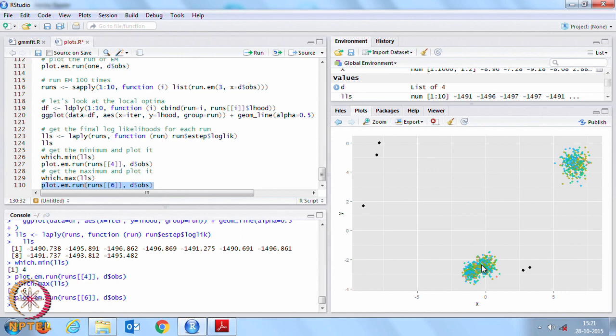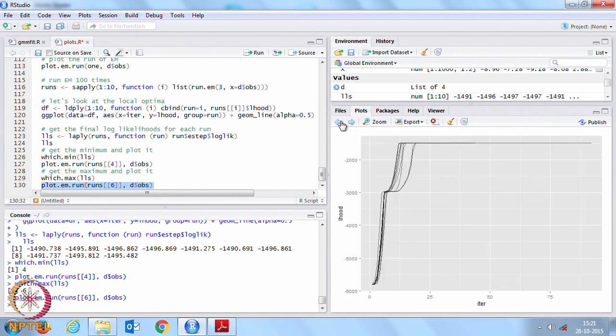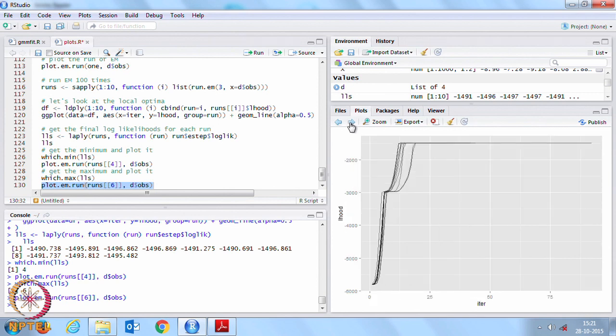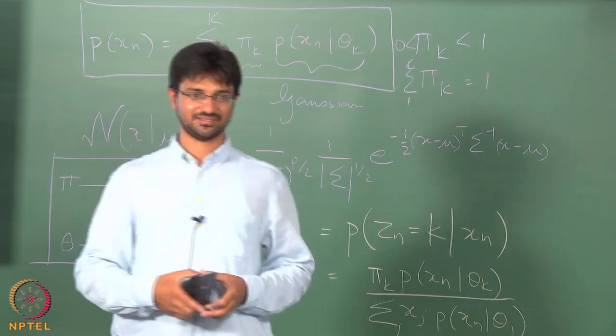So, when the data is very well separated, like we saw earlier, EM will usually give very good results, but when the data is not very well separated like this, it starts giving very weird results. But no matter what it does, the likelihoods will always increase. Thank you.